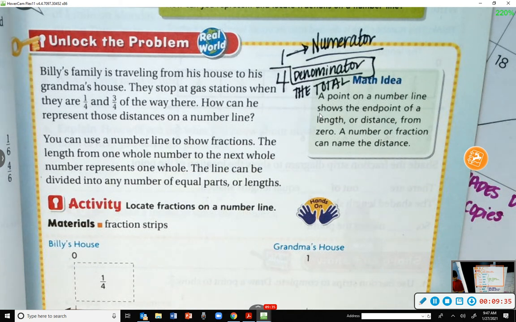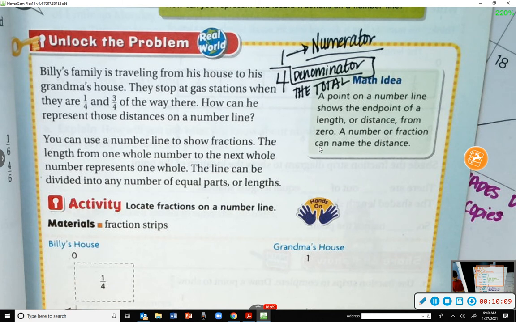When they are 1/4 and 3/4 of the way there, how can he represent those distances on the number line? You can use the number line to show fractions. The length from one whole number to the next whole number represents one whole. The line can be divided into any number of equal parts or lengths.